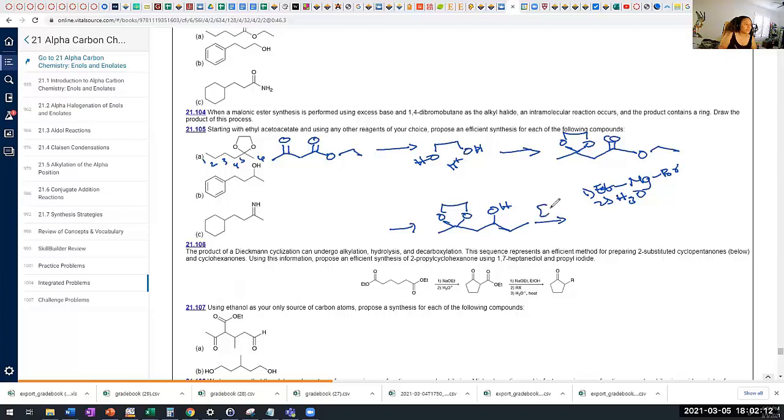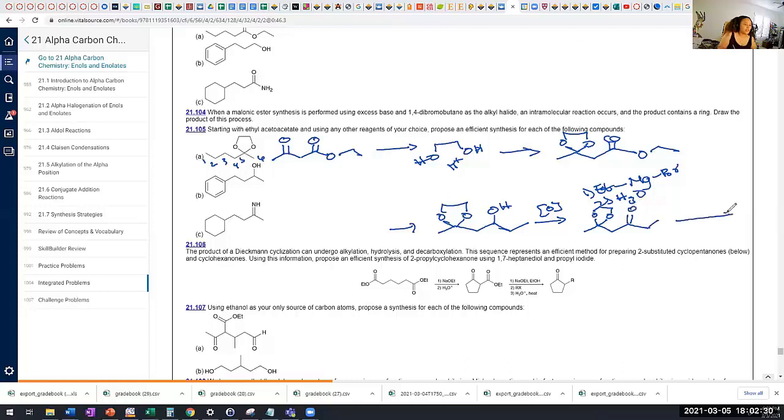Then I can oxidize this with something like potassium permanganate or PCC or any oxidant really. So I'm going to just put generically oxidant because any oxidant will do this.